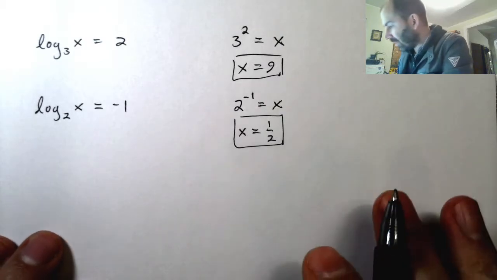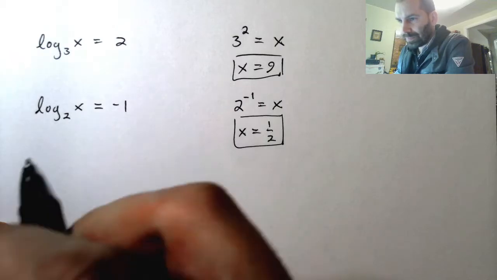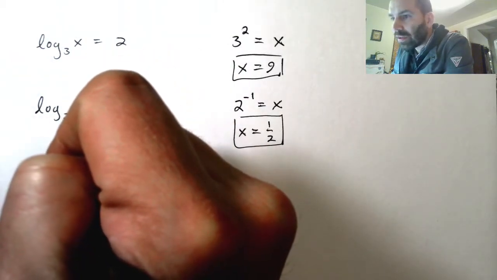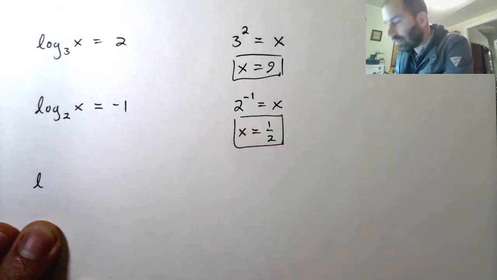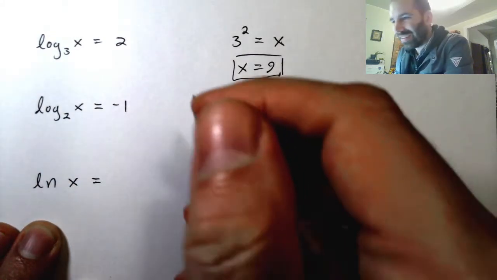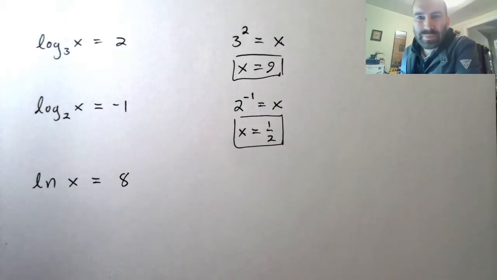All right, let's try another one. Let's try natural log. Natural log of x equals 8. Well, remember what natural log is.